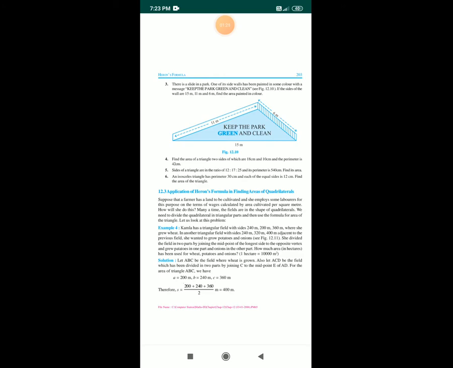She wanted to grow potatoes and onions, see figure 12.11, and she divided the field into two parts by joining the midpoint of the longest side to the opposite vertex and grew potatoes in one part and onions in the other part. How much area in hectares has been used for wheat, potatoes and onions?